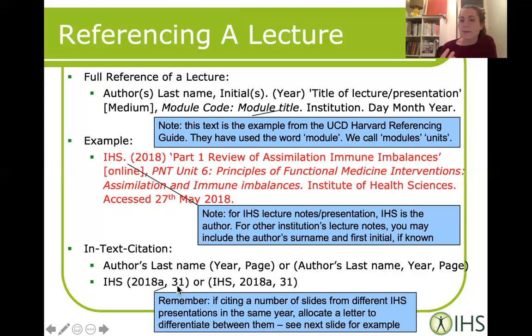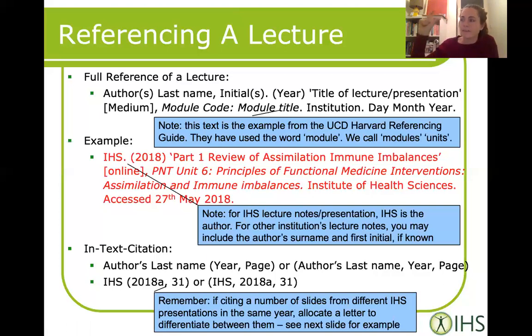Often in a piece of work, you'll end up citing three different IHS PowerPoints, all from the same year. That's why you need to have 2018A, 2018B, or 2020A, 2020B, 2020C. That's where the A, B and C are coming from.